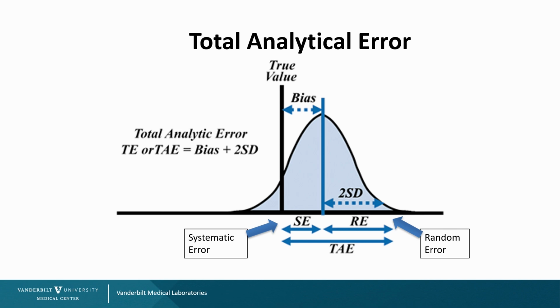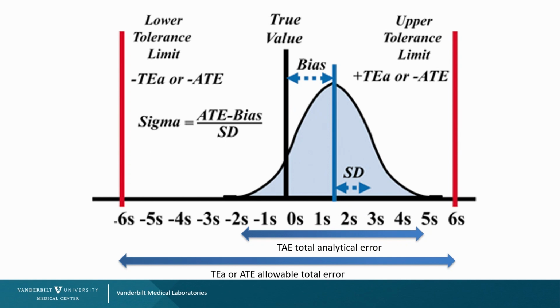Our limits on this are in red bars. So this is our total allowable error. That is the medical criteria for determining quality. We want our analytical performance within that total allowable error limits. And there's where you can see our bias, our random error, and within the red limits.